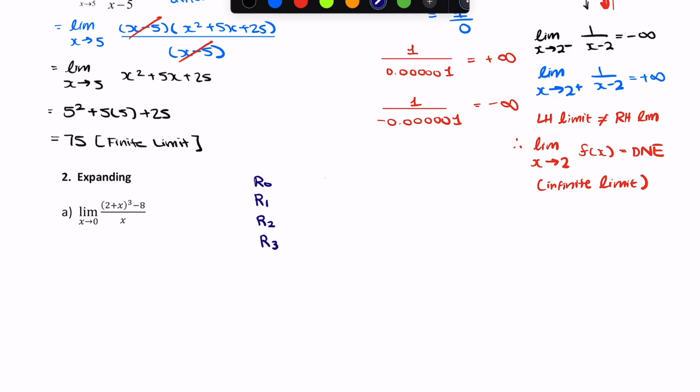Row 0 would have 1, row 1 would have 1 and 1, row 2 is 1, 2, and 1. And here we're looking for row 3, which would be 1, 3, 3, and 1.